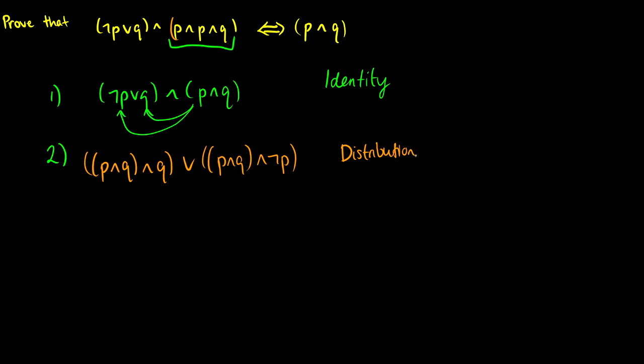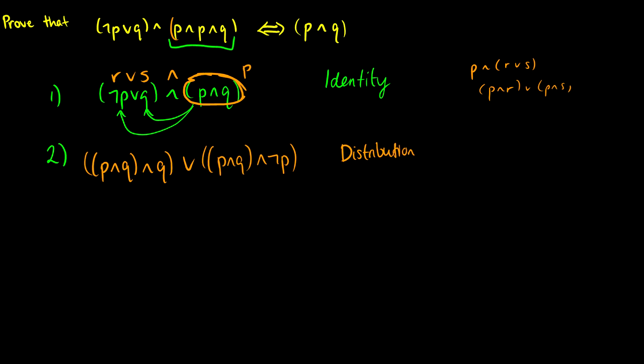If you don't remember that, if we have P and R or S, this is the same thing as P and R or P and S. And we just did that with P and Q being our P, and then this is our R and our S. So it looks a little bit different because we have this P and Q there, but we've just used it as one term here, as one statement.